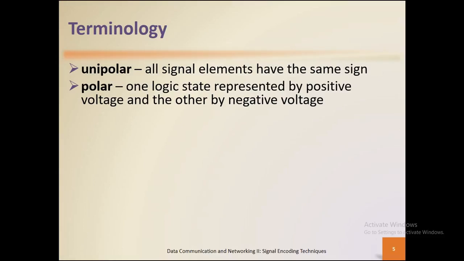Then the question is, how do you value it? How do you assign to it? And that's where the positive and negative comes into play. So don't get confused about that. It's just a terminology used to address the signal fluctuation at the voltage levels. Okay, so unipolar is represented by a signal element with the same voltage pole sign, so it's either negative or positive.